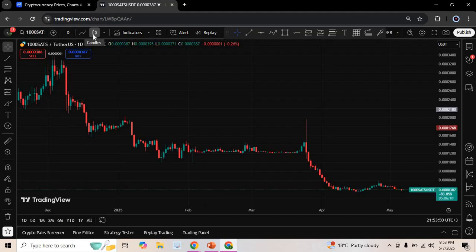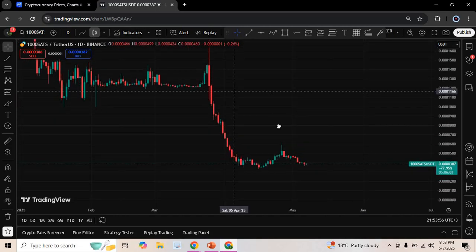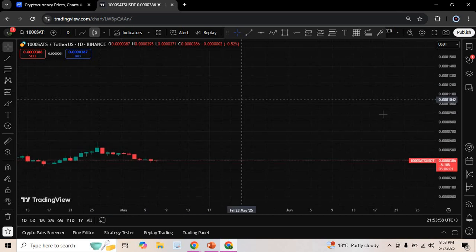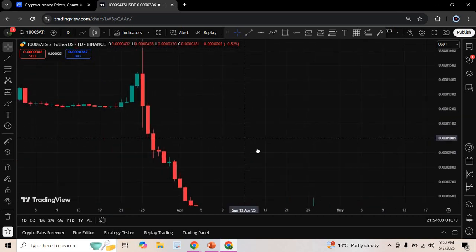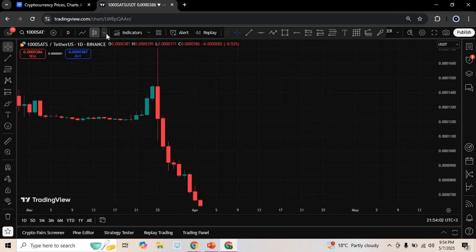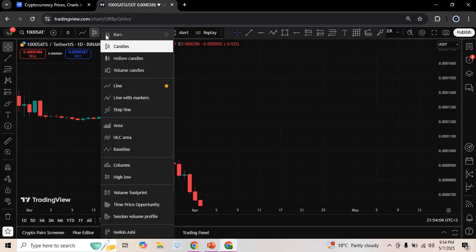The next part is a segment where you get to choose how you want your candlesticks to appear. Let me zoom out so we can see. This is where you come and choose. If you click this down arrow right here, you'll notice we have the bars, candles, hollow candles, and more.